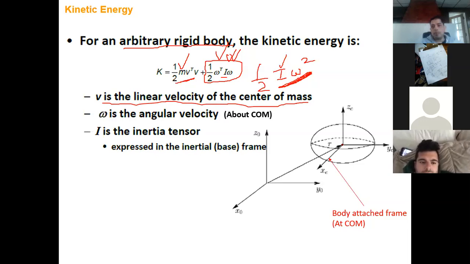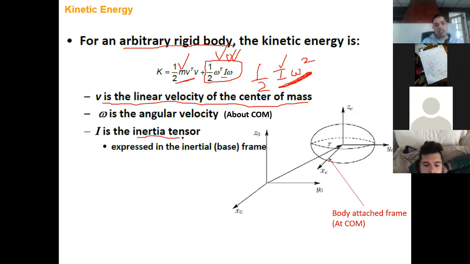For example, if you have this object, find a point where you can balance it. That point is the center of mass. And omega is the angular velocity about the center of mass, and I is obviously the inertia tensor.